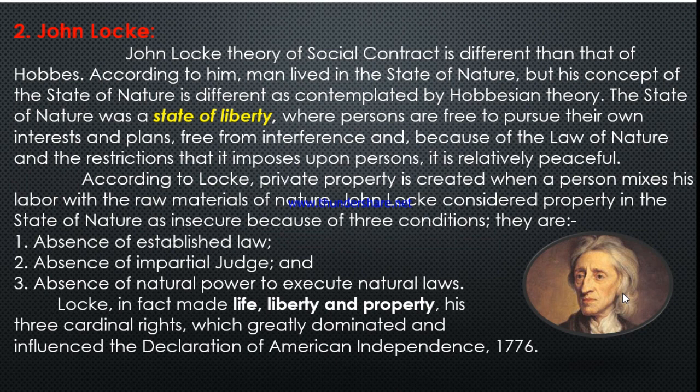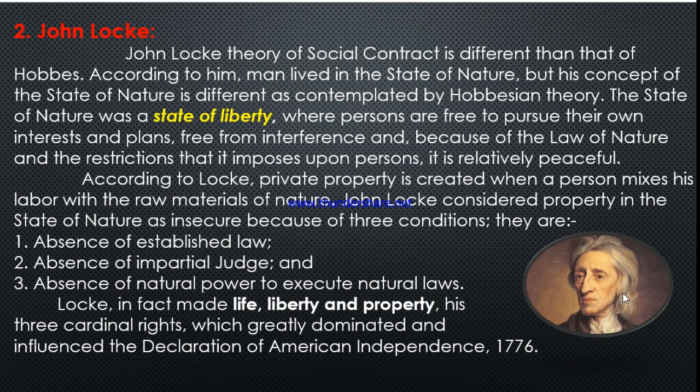But then came private property, and man in a state of nature was feeling insecure. Why was he feeling insecure? Because there was no established law, there was no impartial judge, and there was an absence of natural power to execute natural law. So, getting tired of these things, and in order to have protection for his property and his life, they chose the servant to rule them.